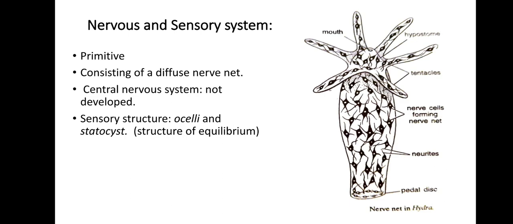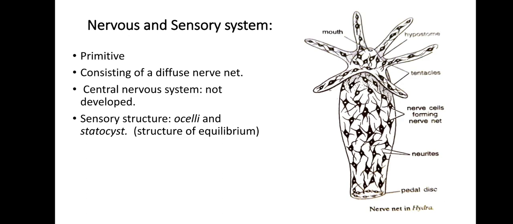such as eyes and ears, but there are some simple sensory cells or clusters of cells, like ocelli or statocysts. Ocelli are similar to the eye, but they cannot see truly, and can only differentiate slight darkness and light, generally found in some of the medusoid forms.